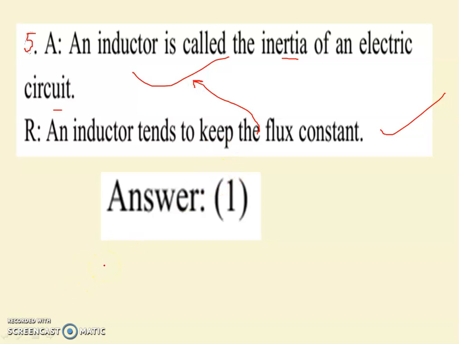So option A or 1 is correct. See, self-induction always opposes the cause, right? So it can also be called the inertia of electricity. So an inductor is called the inertia of an electric circuit. The reasoning is that an inductor tends to keep the flux constant, right? So option A or 1 is correct.